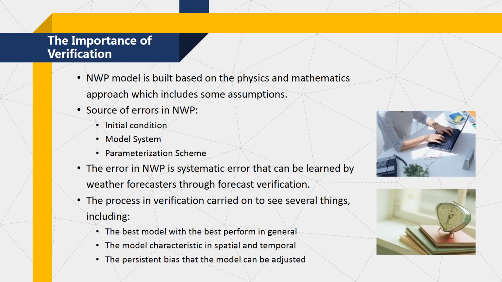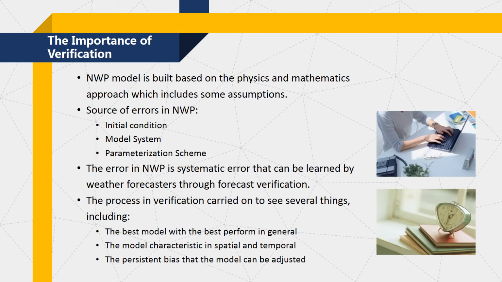The verification process is carried out to meet several objectives, at least three points. The first is to find the model with the best performance in general. The second objective is the model characteristics in space and time.